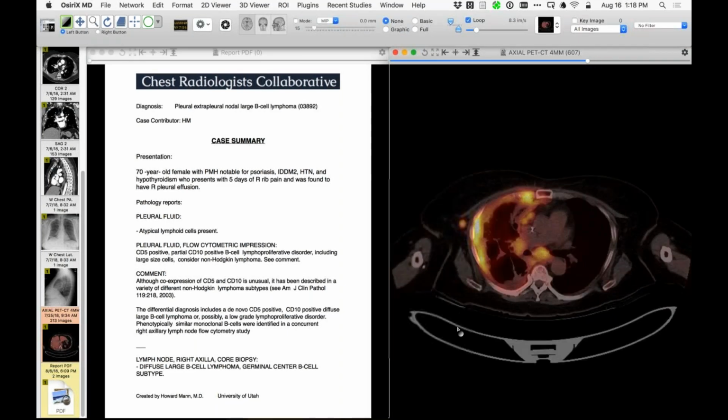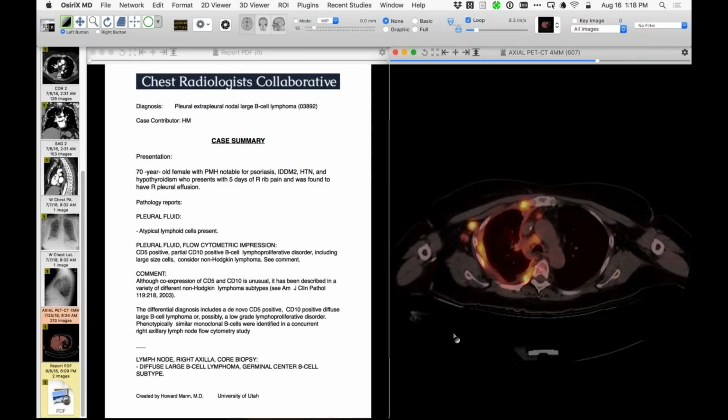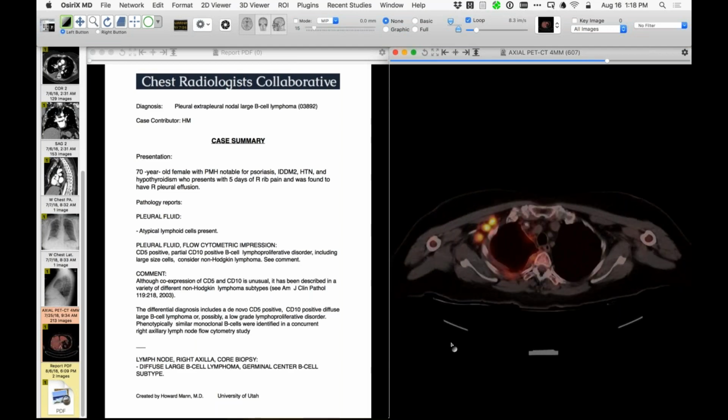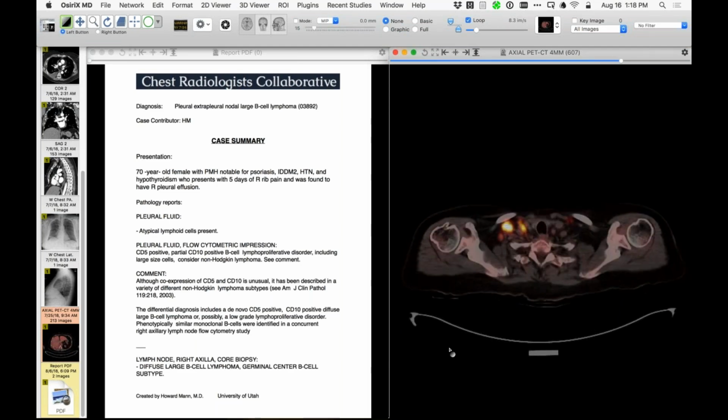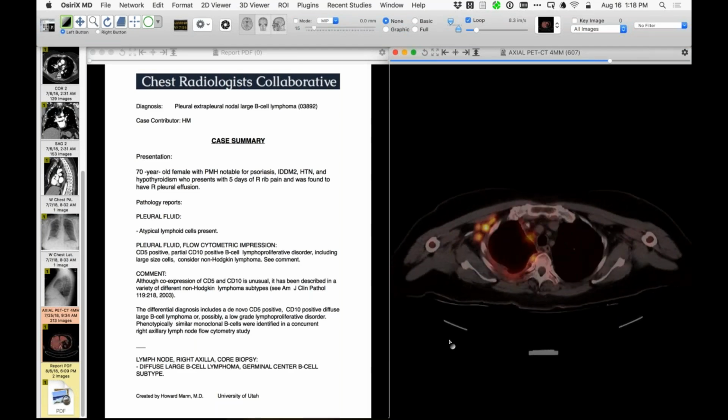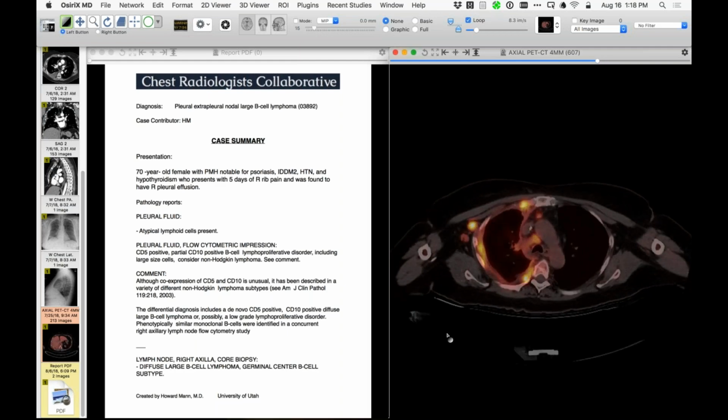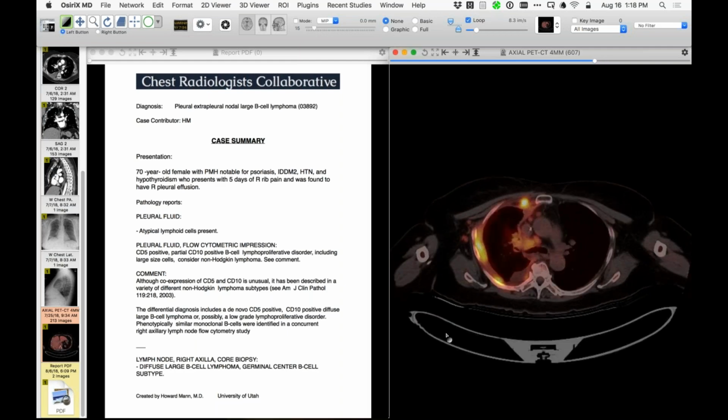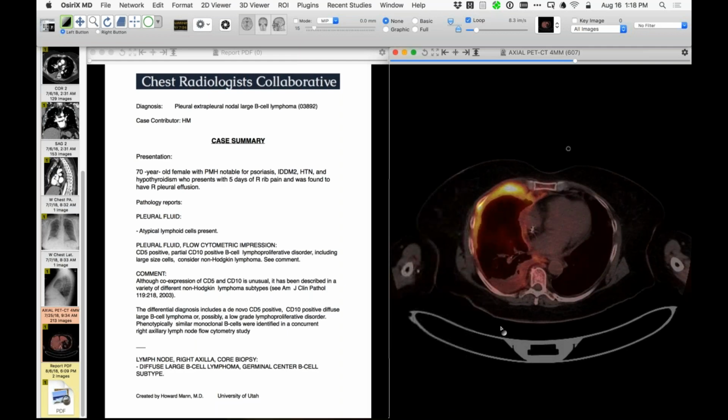So a pretty dramatic case of pleural disease and nodal disease in this case, as you can see there. So you kind of have to watch out and not go through the pleura too quickly. Otherwise, potentially miss the extent of the abnormality.